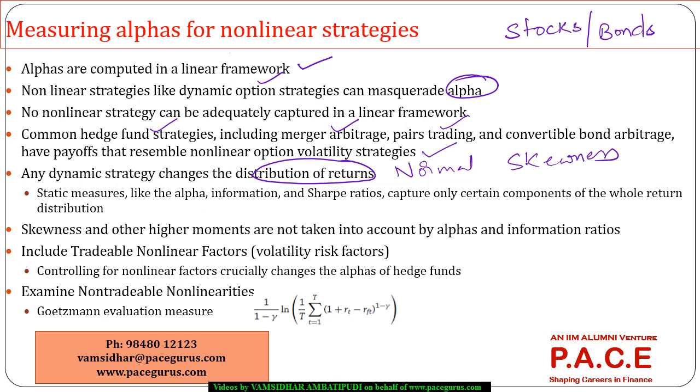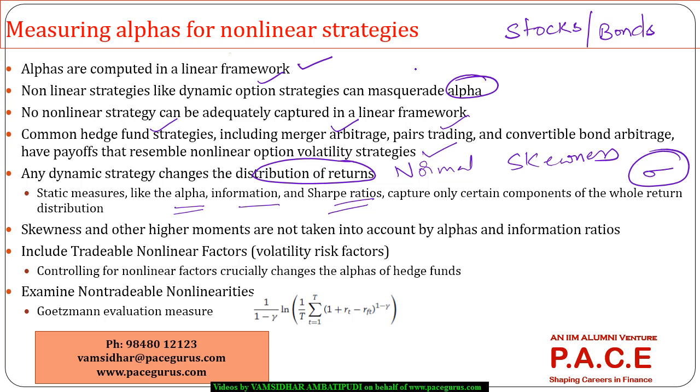And it is said that using standard deviation as a measure is appropriate when the data is decently close to normal. So measures like alpha, information ratio, Sharpe ratio, etc., are appropriate when we are working with data which is very close to normally distributed.